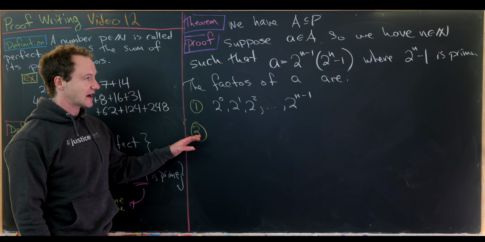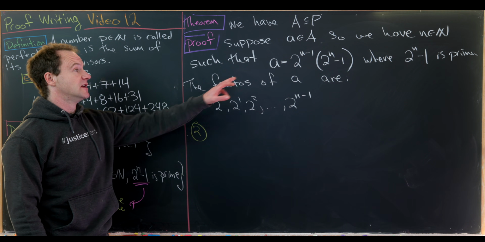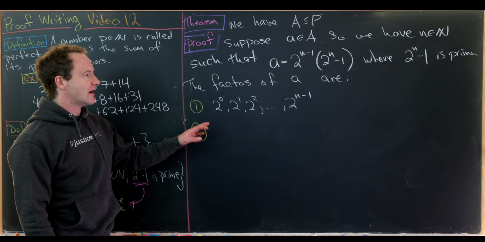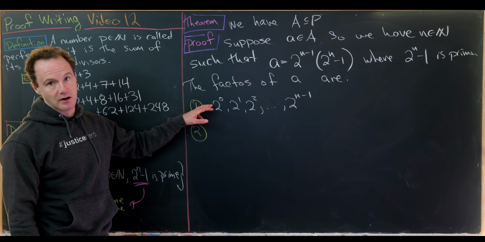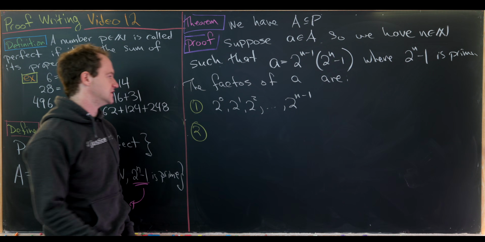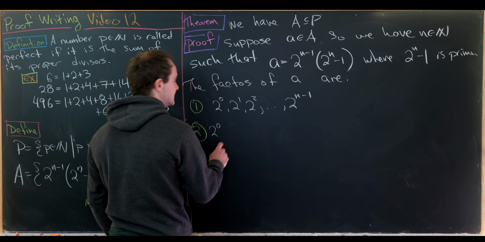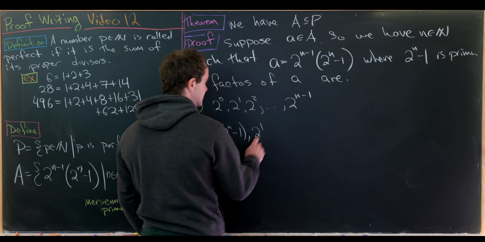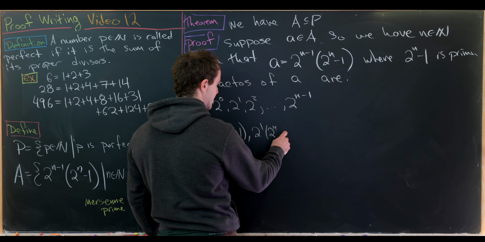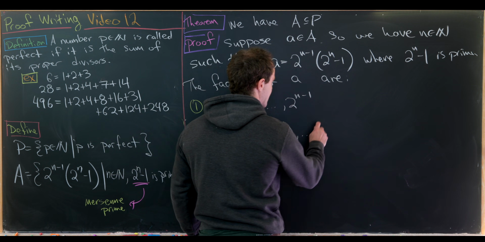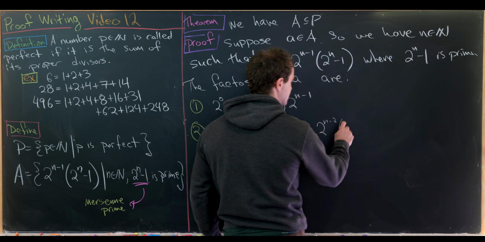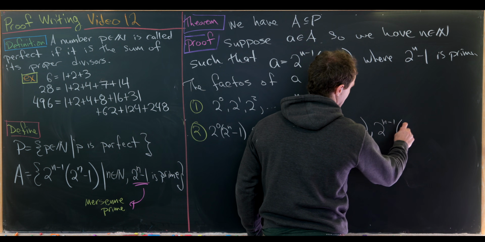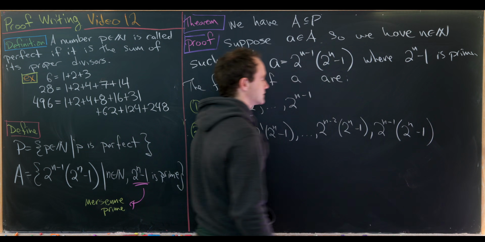But then you also have the factors of A that include that prime 2 to the n minus 1. You have all of those powers of 2 multiplied by that prime. So you would have 2 to the 0 times 2 to the n minus 1, 2 to the 1 times 2 to the n minus 1, all the way up to 2 to the n minus 2 times 2 to the n minus 1, and finally 2 to the n minus 1 times 2 to the n minus 1.